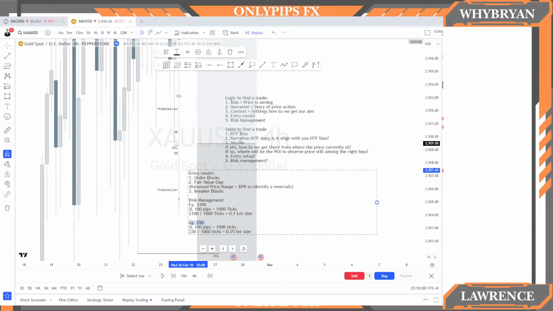It's just $50. So it's the same thing, and so on and so forth. This is a mini hack, not hack, sorry, I would say tips that can help you to calculate faster based on your lot size. And this will be all for the risk management side.